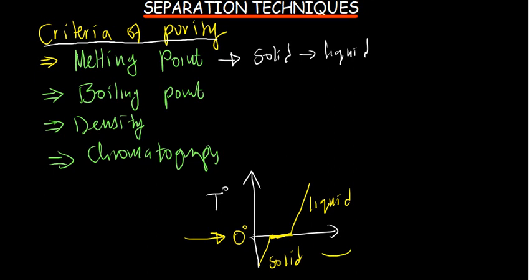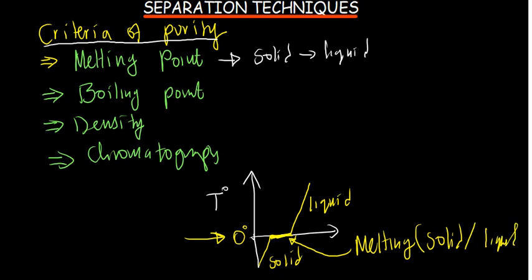So at this point, you have got a conversion of solid to liquid. So basically something is melting. And when something is melting, you have got a combination of a solid and a liquid at the same time. It is together. So at 0 degrees, that is the melting point for pure water.